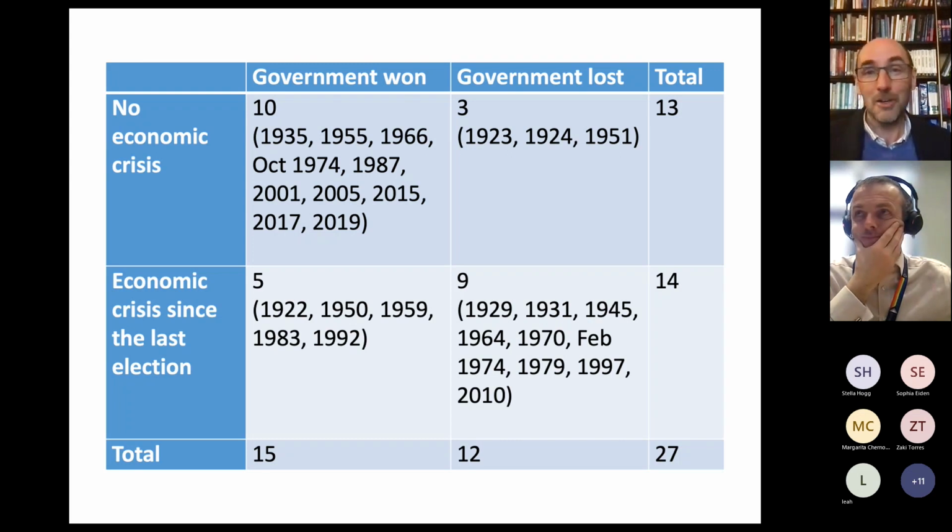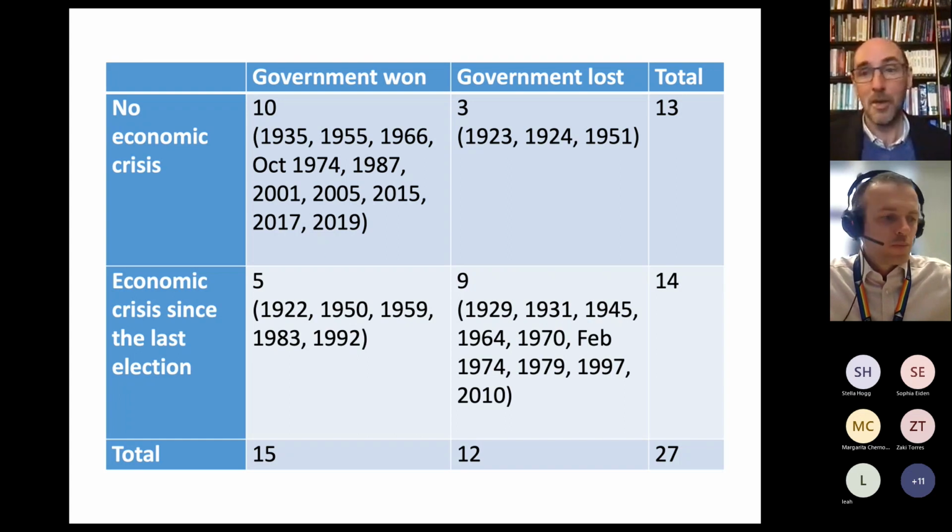Had he hung on till 1955, he would probably have benefited from the economic boom and won, but he made a silly mistake and called the 1951 election, and that was the end of the Labour government. So I would say these are exceptional elections that don't fit the pattern, because they're elections that basically should not have happened.